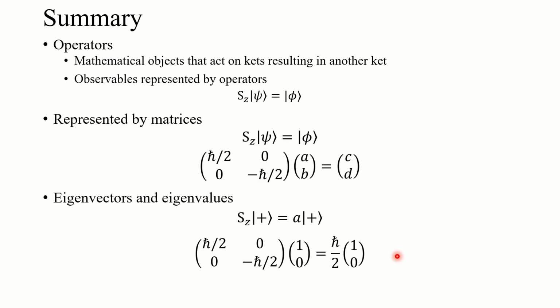How do we diagonalize these? You're probably familiar with this from your mathematical physics class or some of your linear algebra classes if you've taken it. Anyway, that's what we're going to cover today.